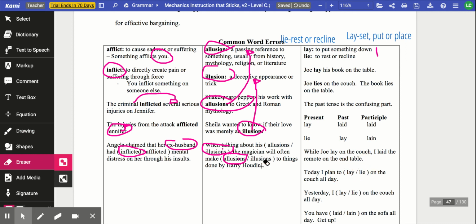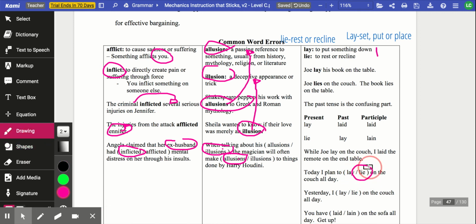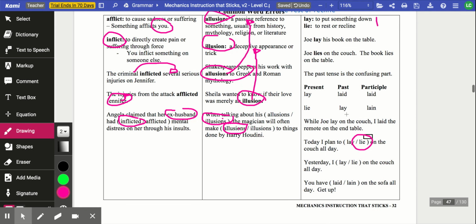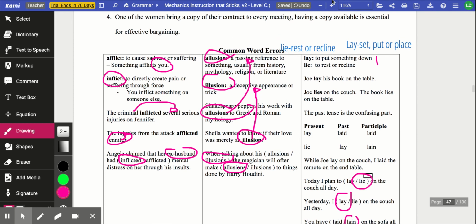Oh, sorry about that. I plan to lie on the couch. Yesterday, I lay on the couch all day. You have lain on the couch all day. Get up. All right, so that concludes Grammar Unit 4.